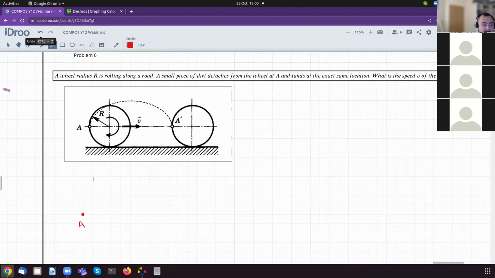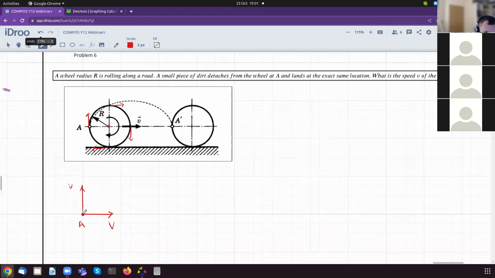Now the wheel is moving horizontally with a speed v. But it also is rotating. The whole wheel is traveling at velocity v, but also each part of the wheel is traveling clockwise. So A is traveling to the right because the whole wheel is moving, but it is also traveling upwards with the same speed, v.